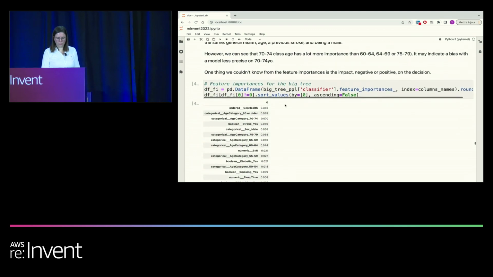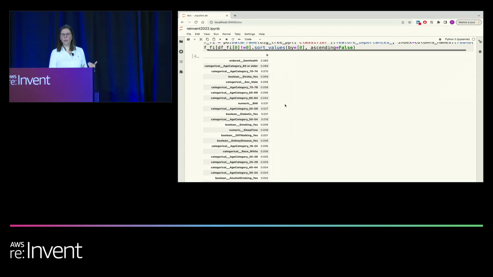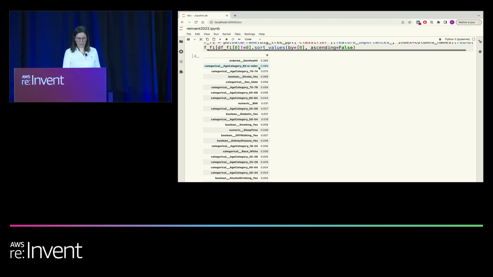For the big decision tree, of course, I will have more features with a bit less importance, but what you can see is that the first ones are the same as for the small tree: general health, 18 and over, and a previous stroke. So you can be rather confident that these three features are important.